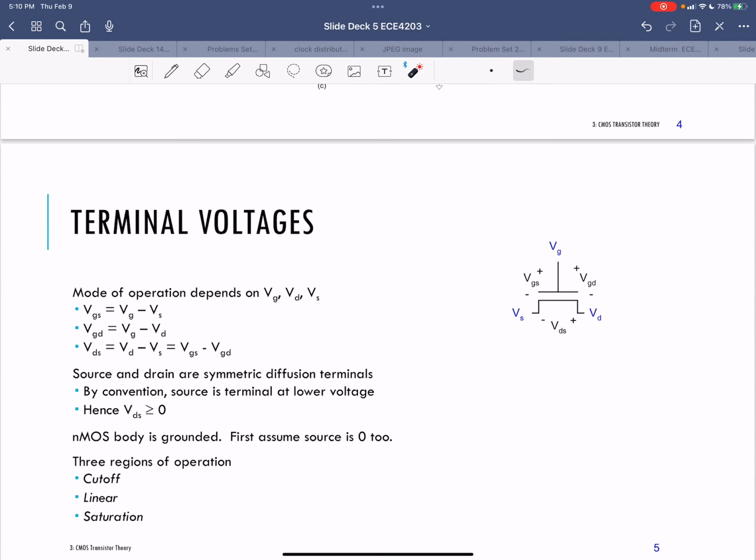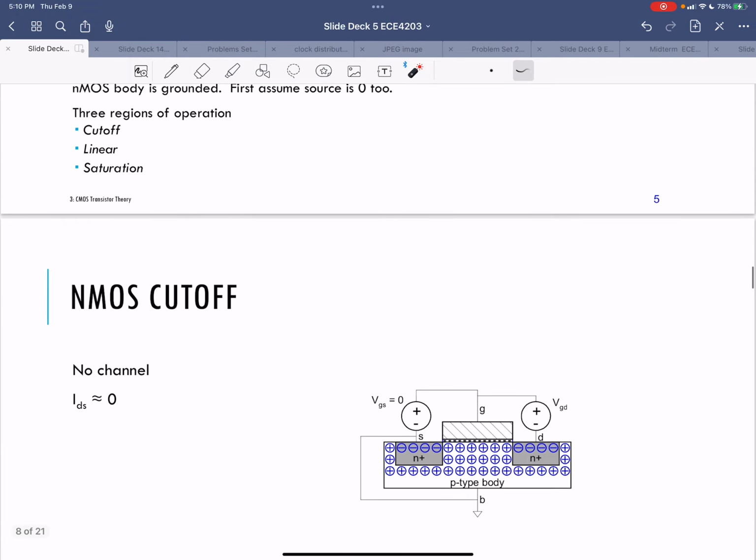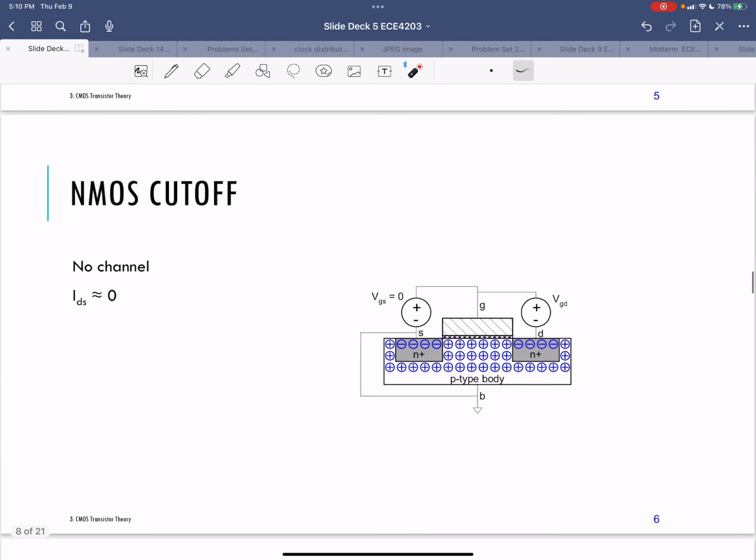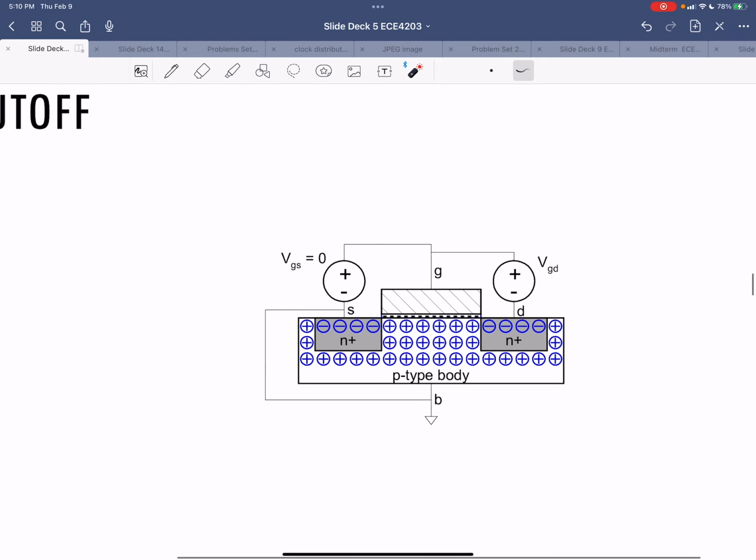Okay, so what a transistor looks like is you put contacts on top of and around this MOS capacitor. If you just look at this region here, it still looks like the MOS capacitor. I have the silicon dioxide here, the polysilicon gate here, and the body here.